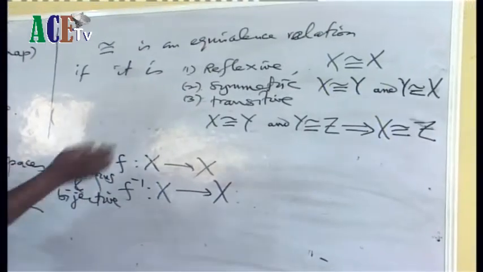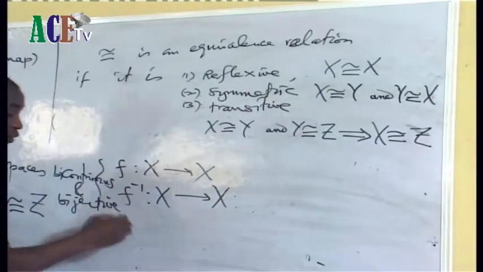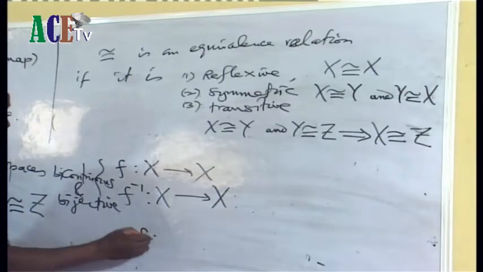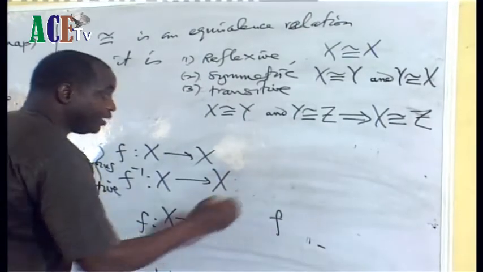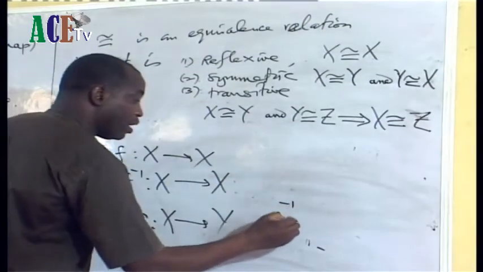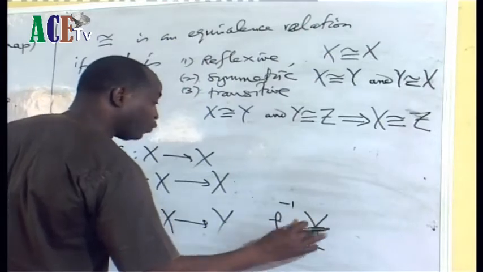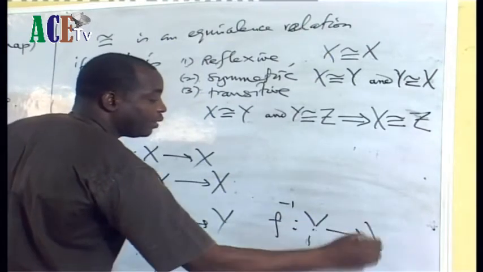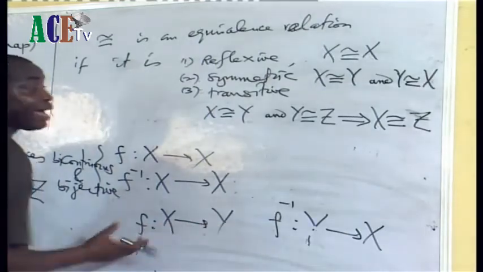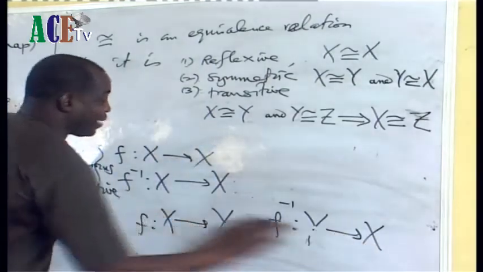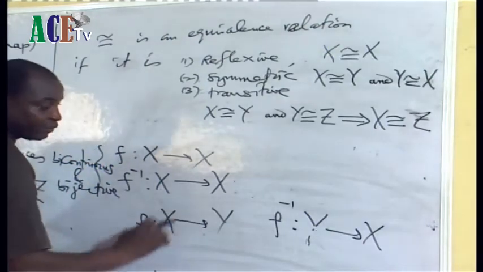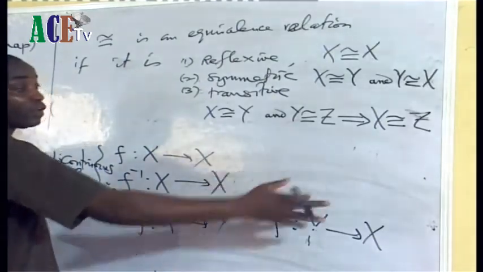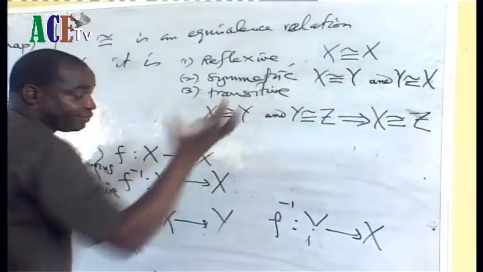Similarly, for symmetry, it's not difficult to see that if F maps X to Y and F inverse takes Y to X, both of them are continuous. Symmetry is already defined, because this is continuous and the inverse too is also continuous.